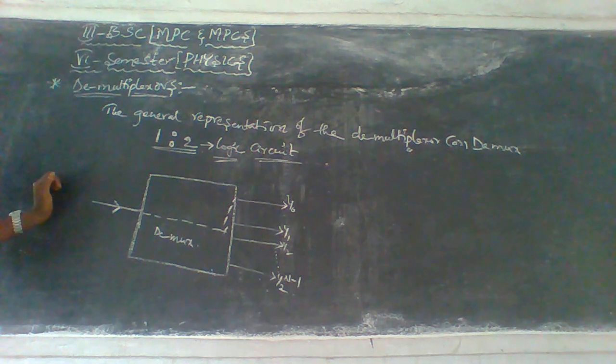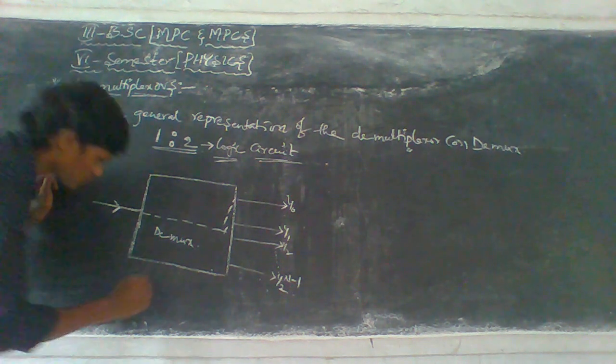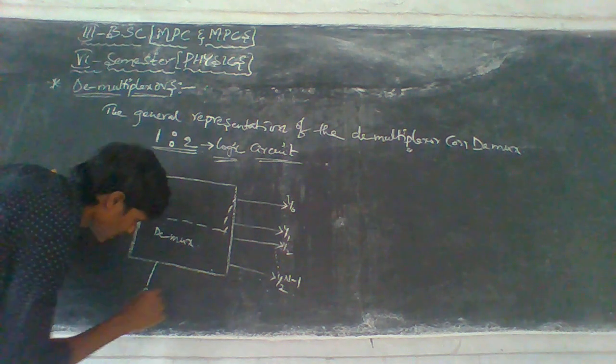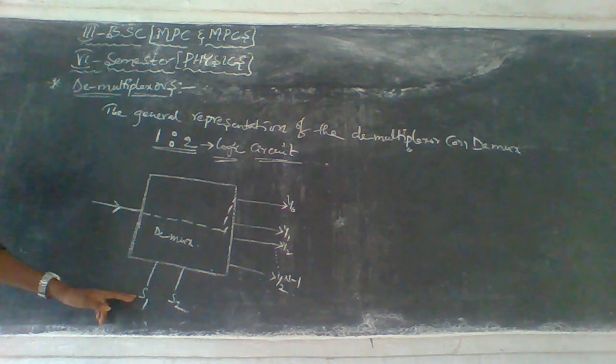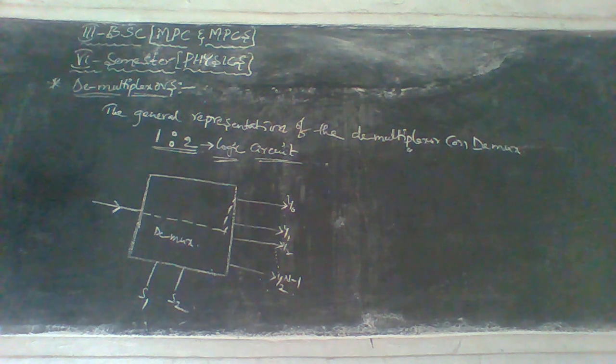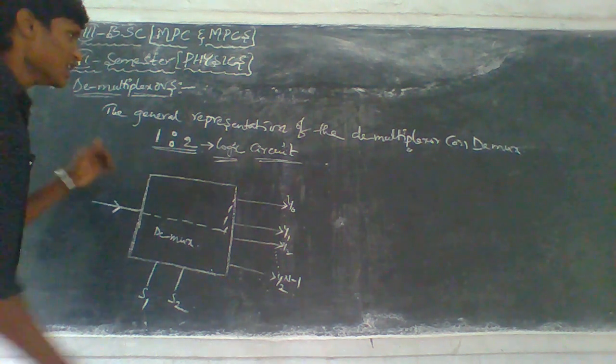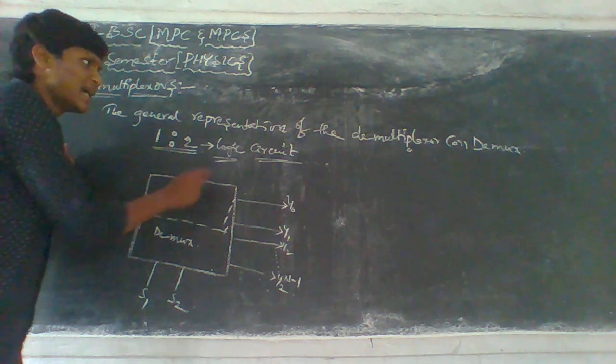And these are the select lines S1 and S2. So this is the general representation of the demultiplexer.